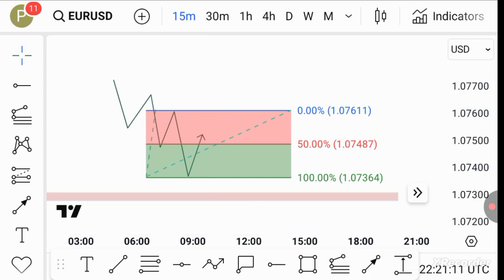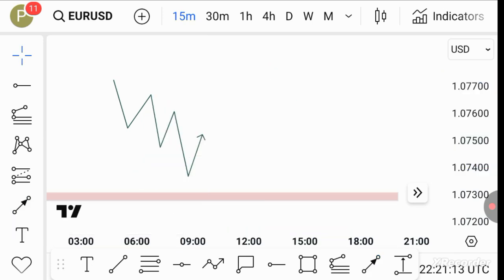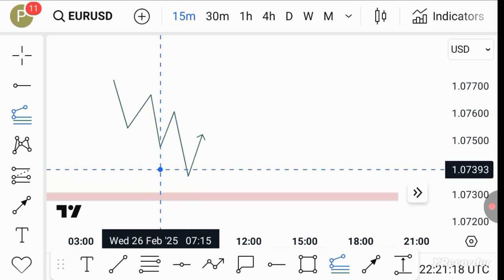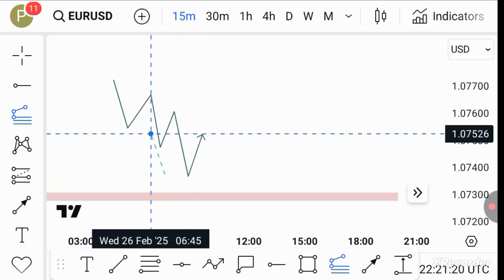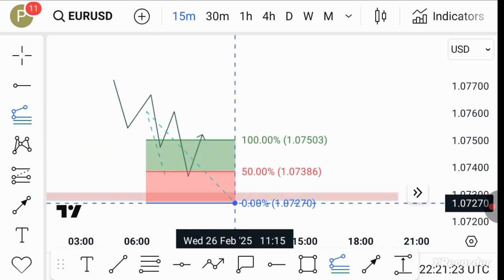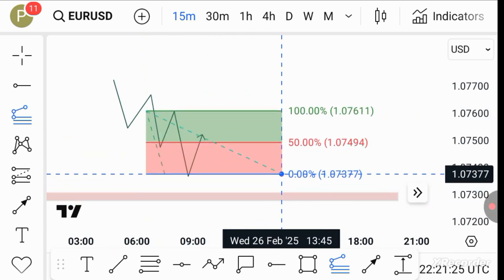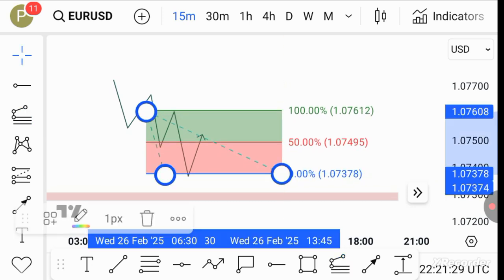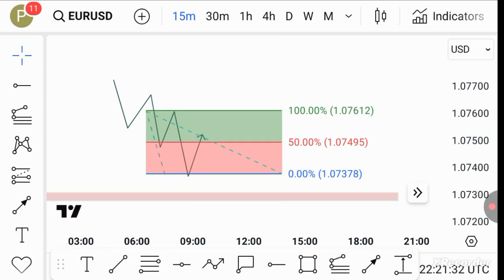Premium is usually supposed to be green, so let me adjust something, right? So our premium level is the green box and our discount level is the red box.